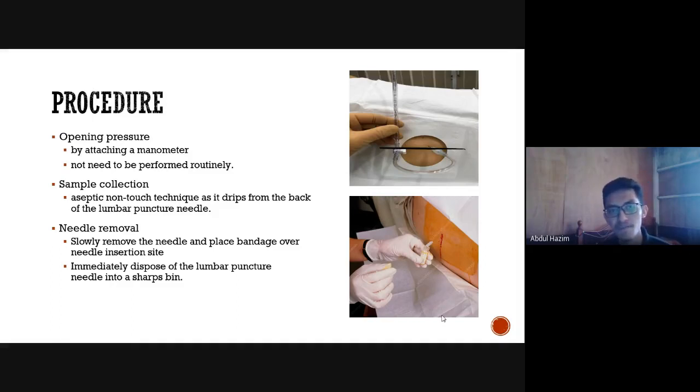If the opening pressure exceeds 25 centimeters of water, we should closely monitor the patient for the risk of cerebral herniation. Then for the sample collection, we should collect the sample using aseptic non-touch technique as it drips from the back of the lumbar puncture needle.